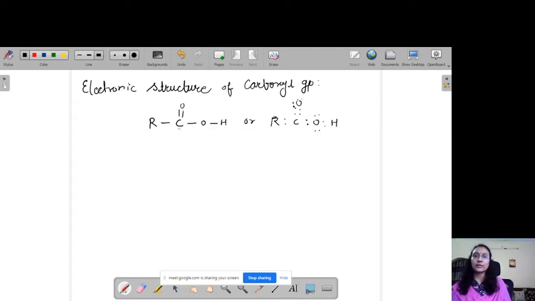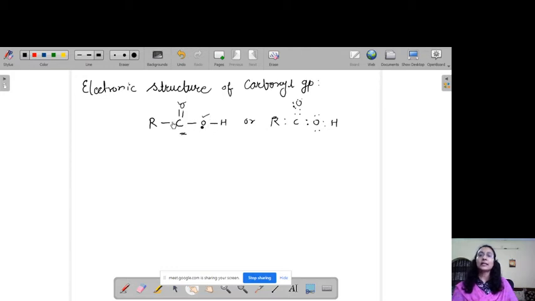In the carboxyl group, this carbonyl carbon is attached to two oxygens. This is one oxygen, this is the other oxygen. One is attached by a double bond and the other by a single bond, which in turn is attached to the hydrogen by a single bond.